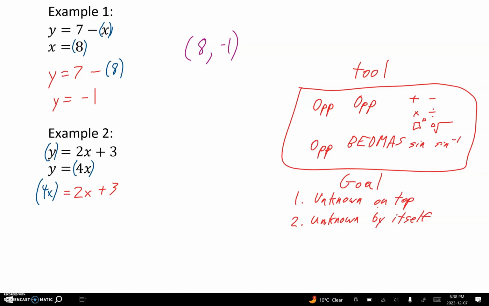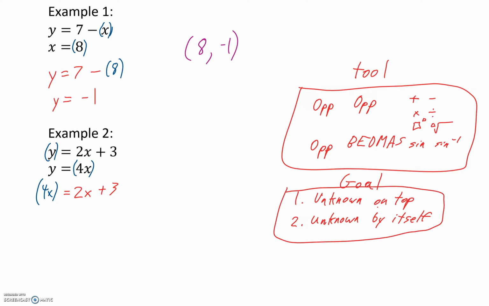This is always what I say, those two things: the tool and the goal, opposite operators, opposite BEDMAS, trying to get your unknown on top and by itself. For all of these examples today, the unknown is already on top, so that part's done. All we have to do is get the x by itself. So we're going to get the x by itself here.